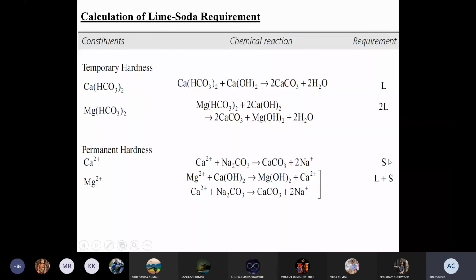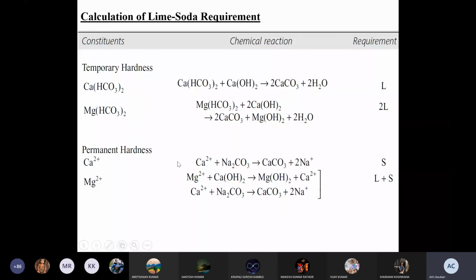Now coming to magnesium permanent hardness, if magnesium chloride or magnesium sulfate is there, magnesium sulfate will consume 1 mole of calcium hydroxide, and you will get magnesium hydroxide precipitate and calcium sulfate, or calcium chloride if magnesium chloride is there.